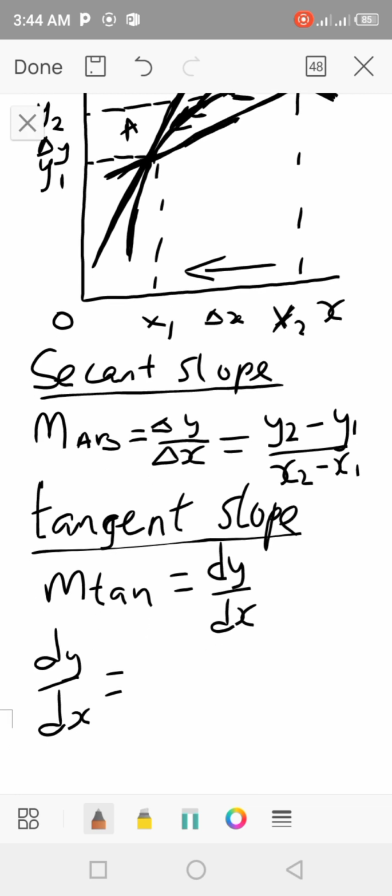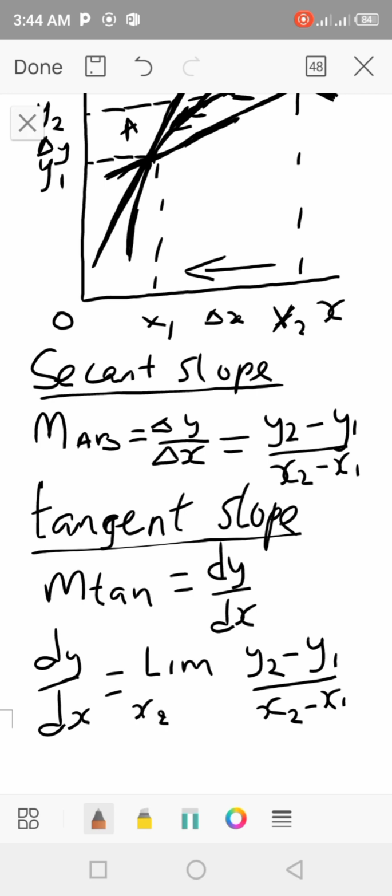So our dy dx, which is the slope at a point, at the initial point A, is going to be the limit of y2 minus y1 over x2 minus x1 as x2 tends to x1.